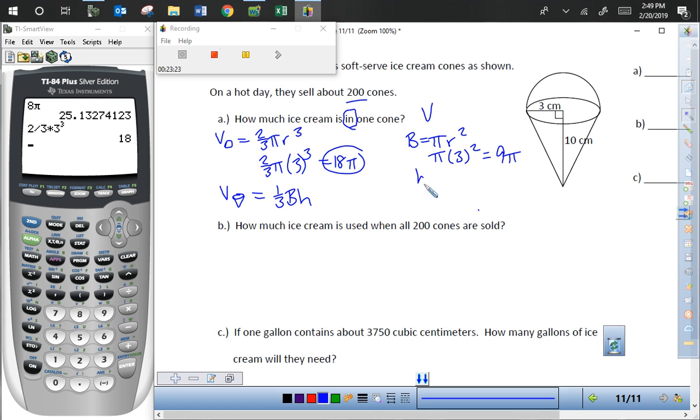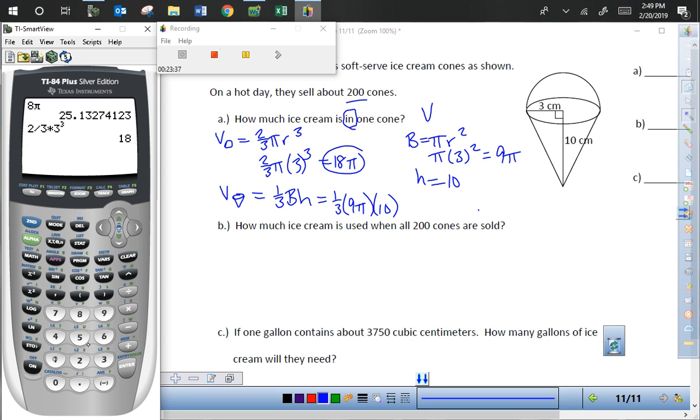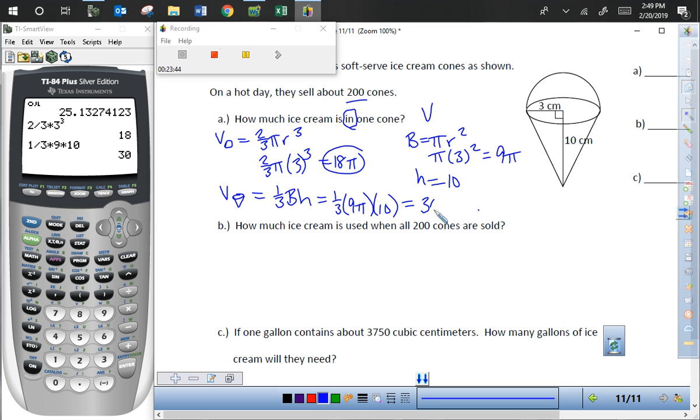And then the h that we need is up through the cone here, 10. So putting it all together, we've got 1/3, area of the base was 9 pi, then the height is 10. So 1/3 times 9 times 10 is 30 pi.